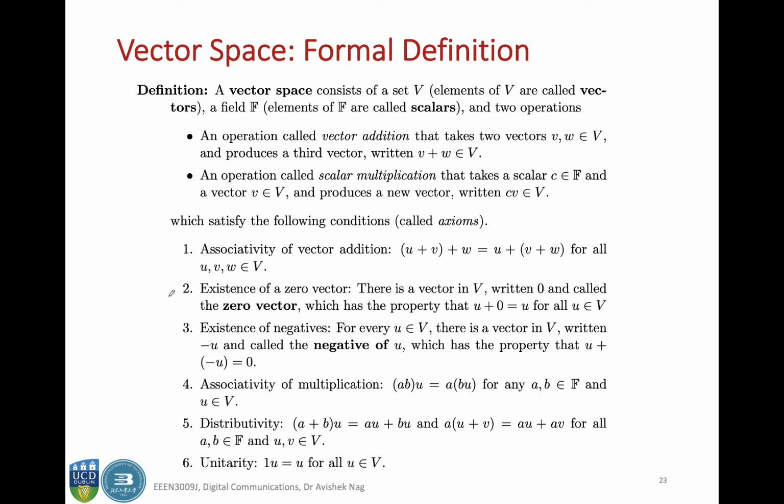So basically a vector space is not only a set of vectors, but it also consists of a set of scalars, because whenever you multiply a scalar with a vector, the resultant is a vector. And whenever you add two vectors together, the resultant is also a vector.